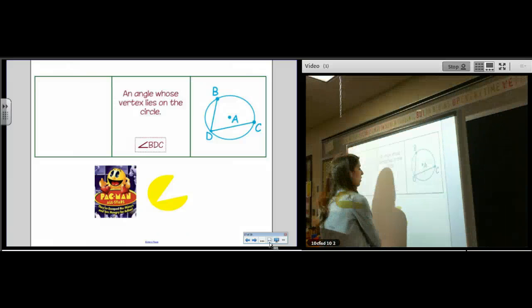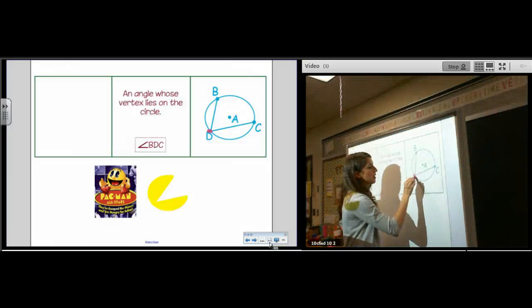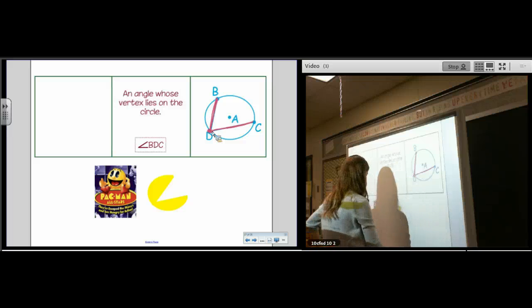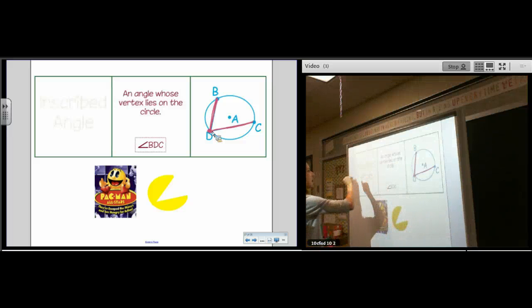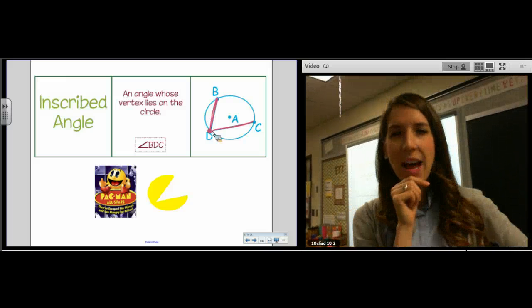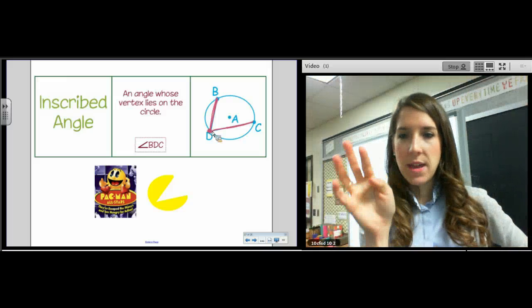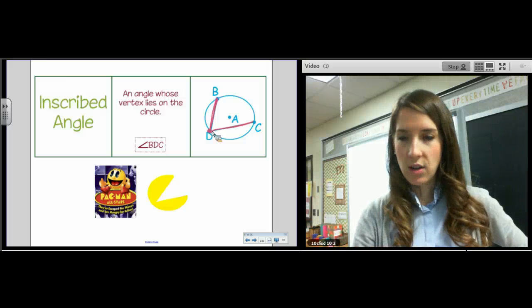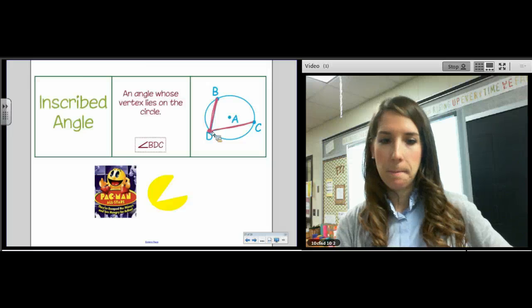So a central angle is one of the types of angles we can have. Now we can have an angle whose vertex is not on the center, its vertex is on the circle. So this angle, its vertex is on the circle, so it's called an inscribed angle. Remember inscribed, inside? So BDC is an inscribed angle, not a central angle.